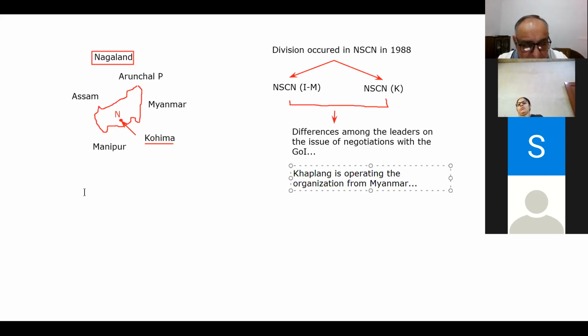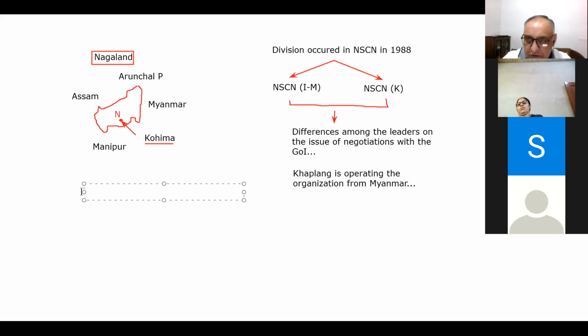So that is why the main group, according to the agencies, according to the government, the main group in India, that is the largest group, that is NSCN-IM, means इसाक मुइवा का ग्रुप है जो लार्जेस्ट ग्रुप रह गया भारत में, right? With demand for greater Nagaland.